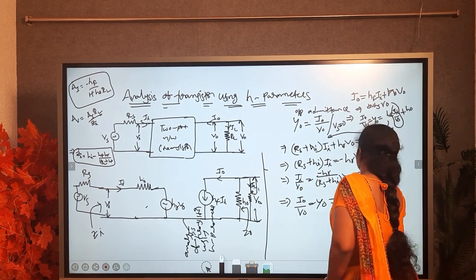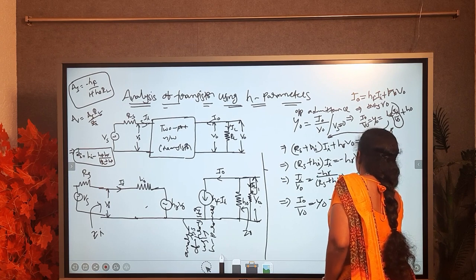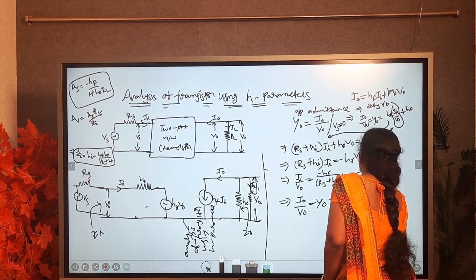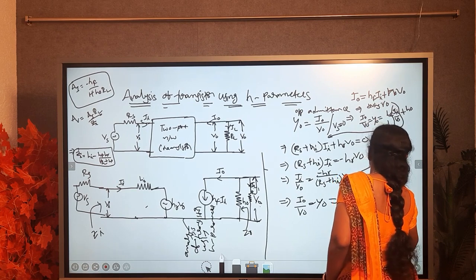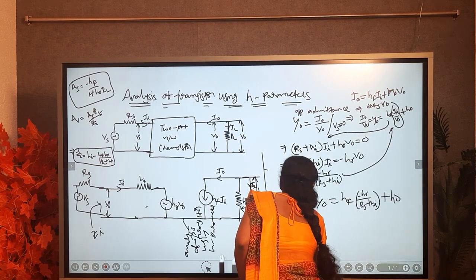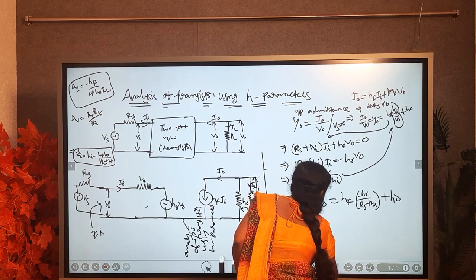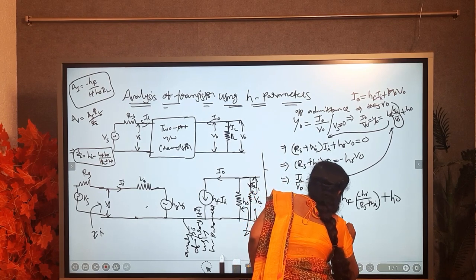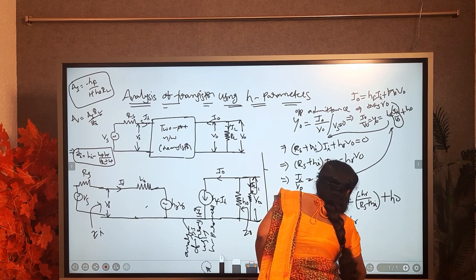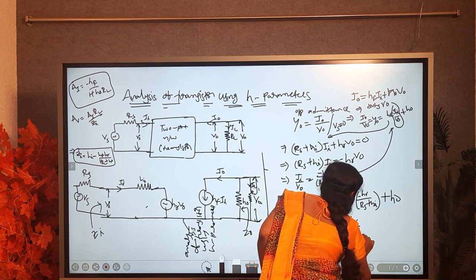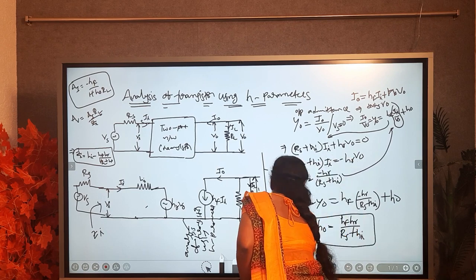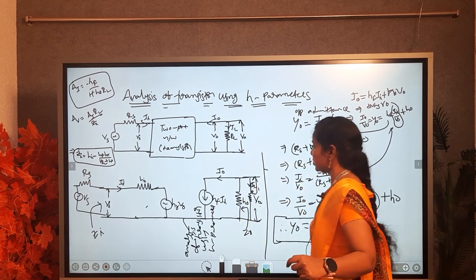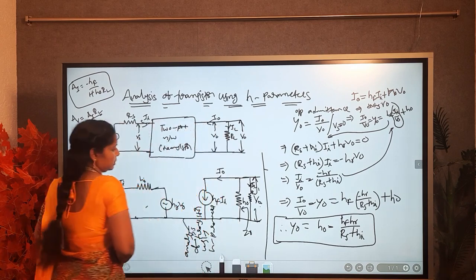Put it in that, so minus HR by Rs plus HI, plus H naught. Therefore, admittance Y naught equals H naught minus HF into HR by Rs plus HI. This is the overall admittance in the transistor by using the H parameter.